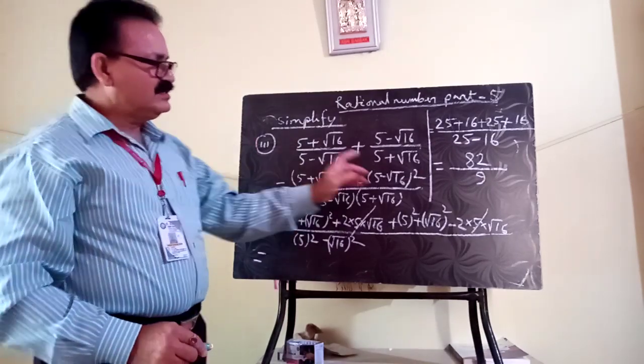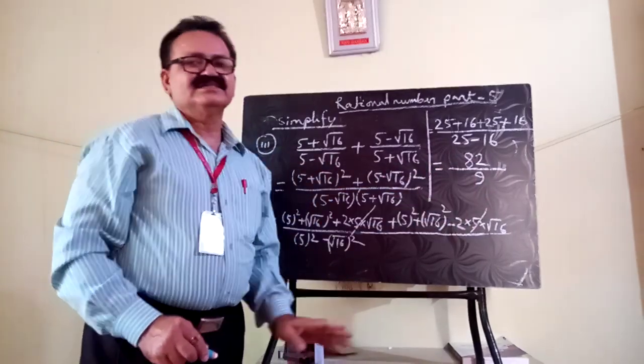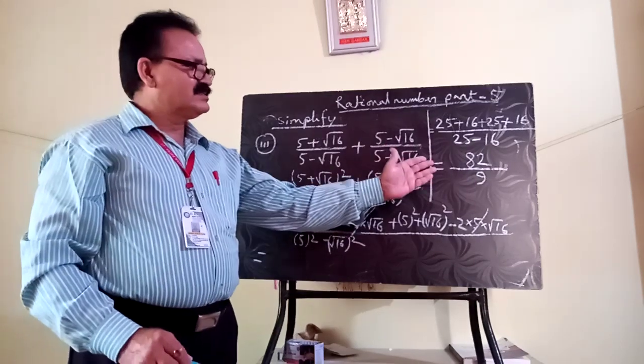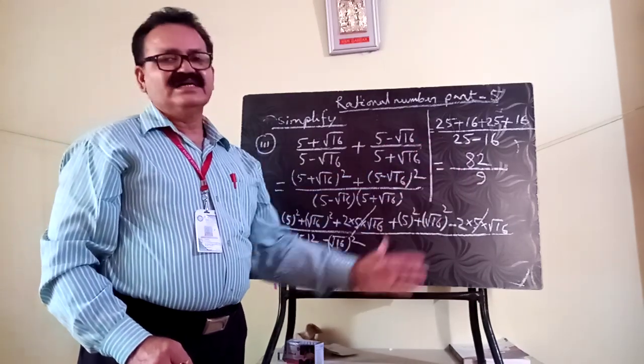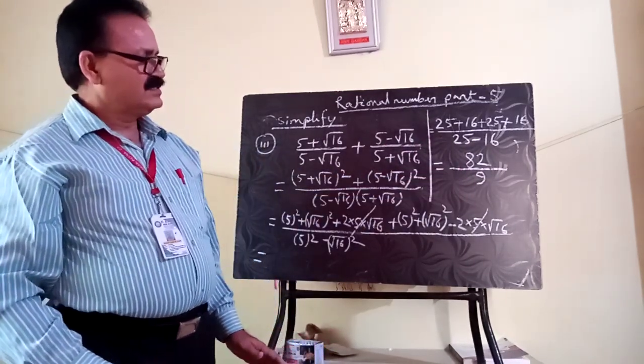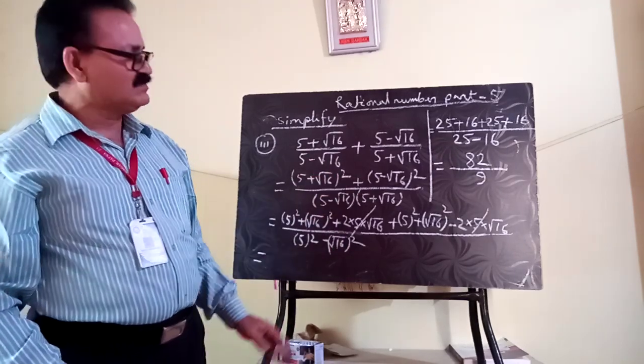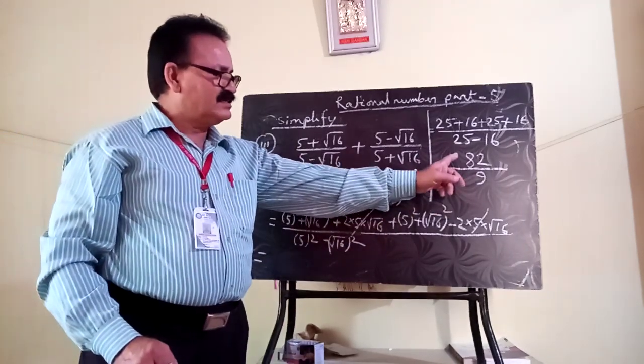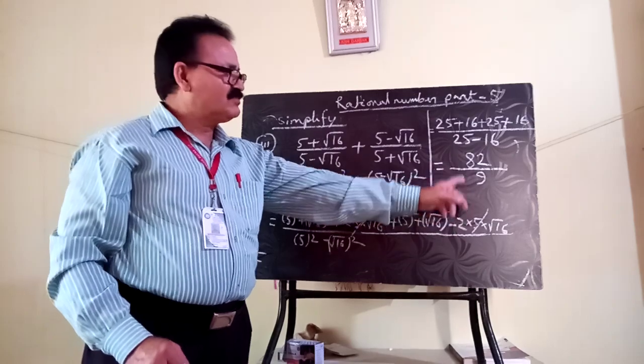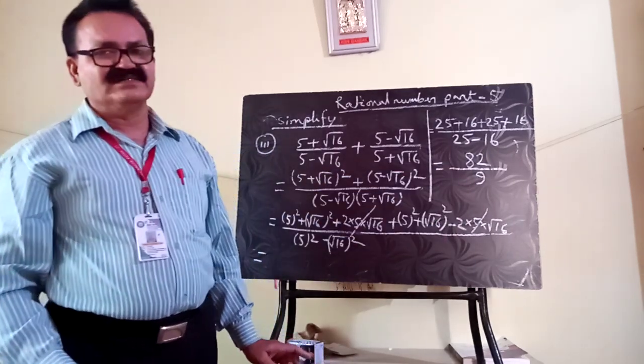So 82 by 9 is a rational number. This is your result after simplification. You can also express it in mixed fraction, but in the p by q form, you have to write the answer 82 by 9.